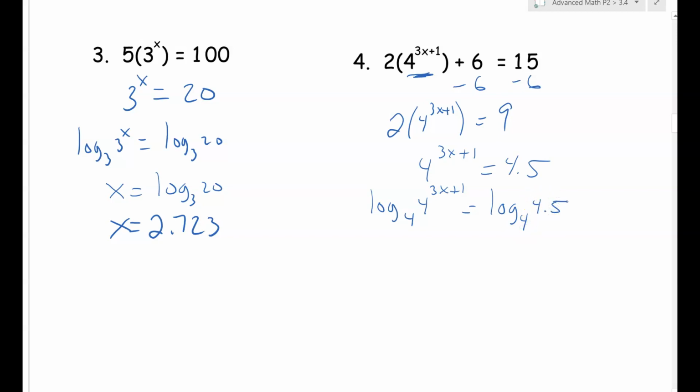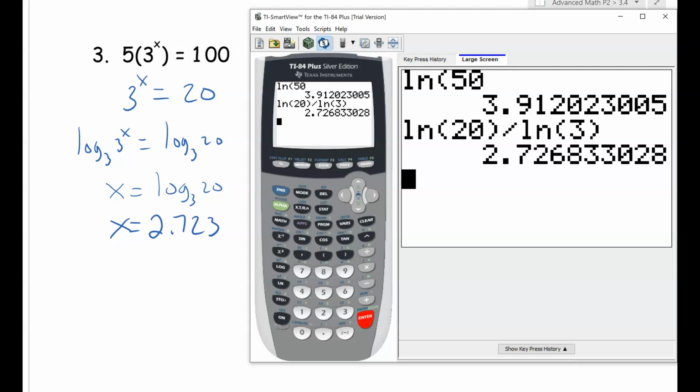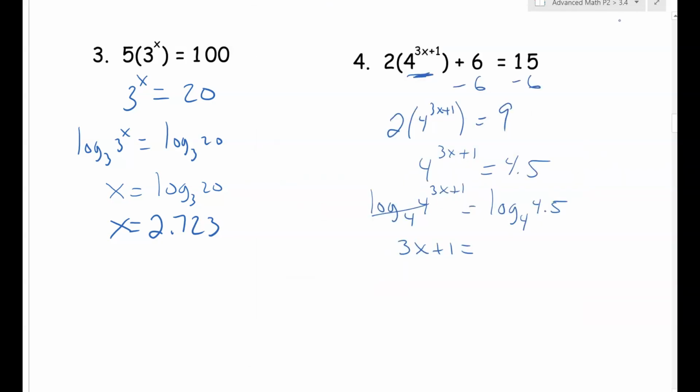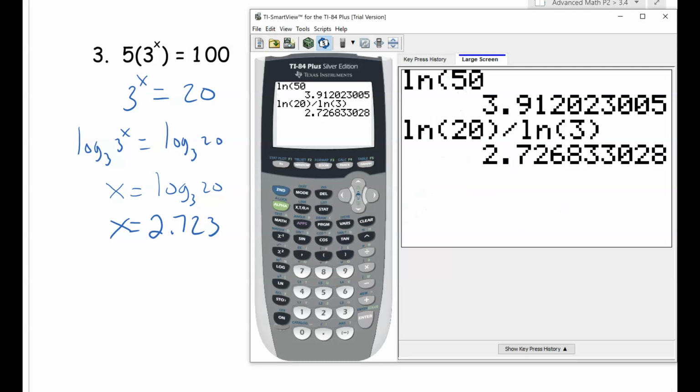Okay. Well, what happens here? Cancels again, right? So this kind of goes away. 3x plus 1. Now we have to get a decimal for that to make our life a little bit easier. All right. So what was it again? 4.5 log base 4.